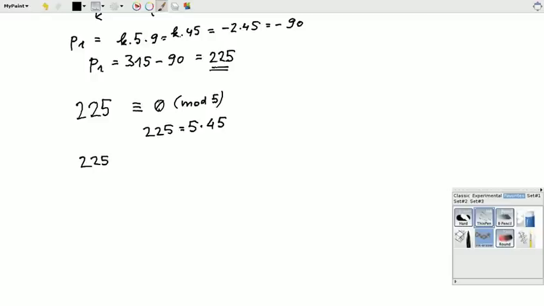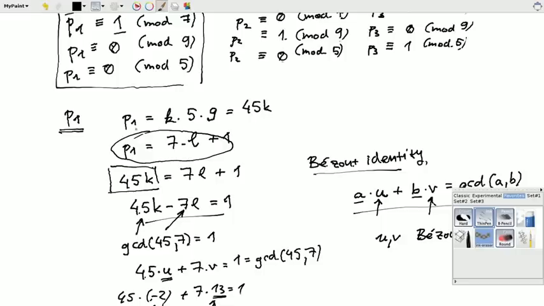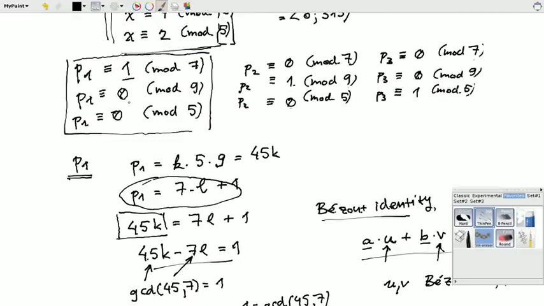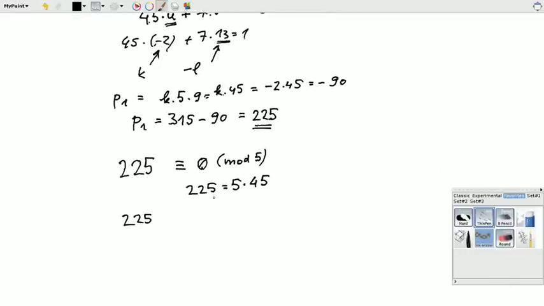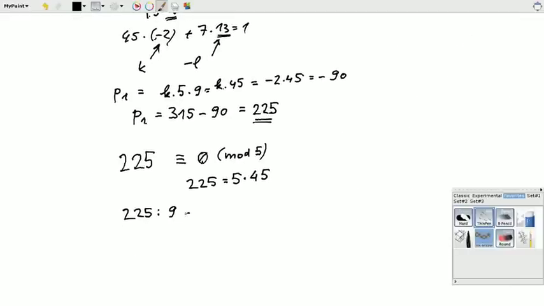Now 225 should also be congruent with 0 modulo 9. Let's try some division. 225 divided by 9. Okay, that wasn't too hard. So 225 is also congruent with 0 modulo 9.